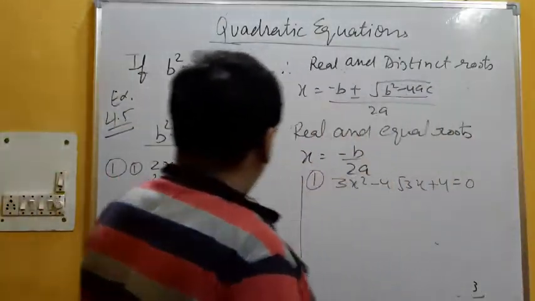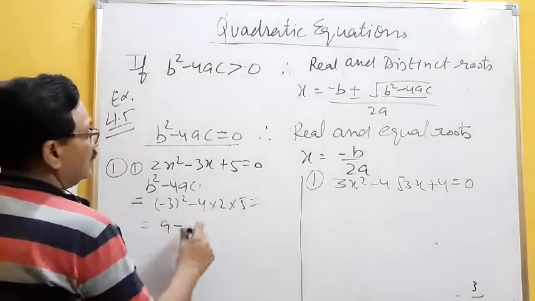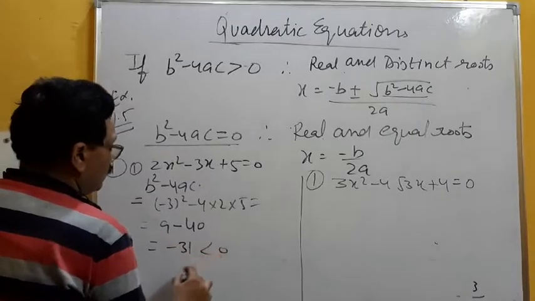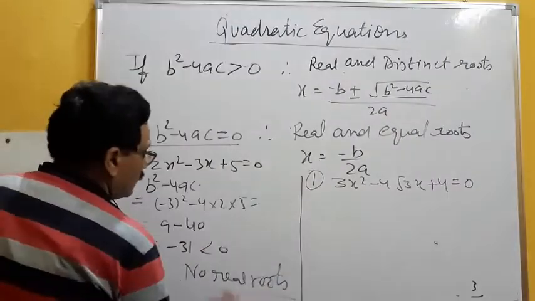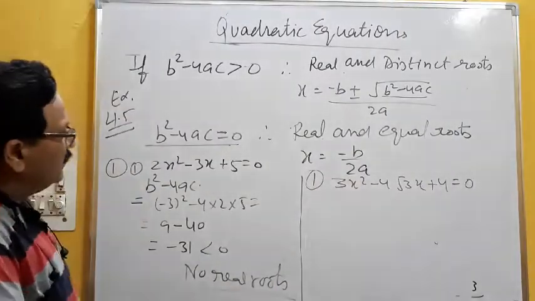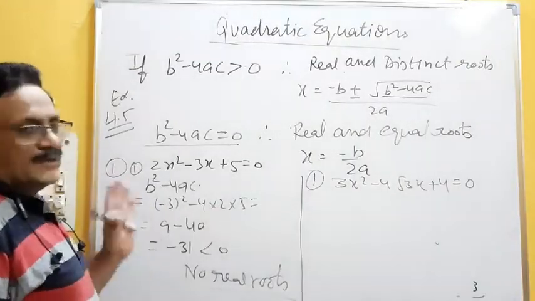Okay, plus 5. So now check. This is 9, 5 tens are 10, 10 fours are 40, so minus 31, less than 0, no real roots. Finish. No need to calculate. Now further, no need to calculate for x, because the answer is coming less than 0.